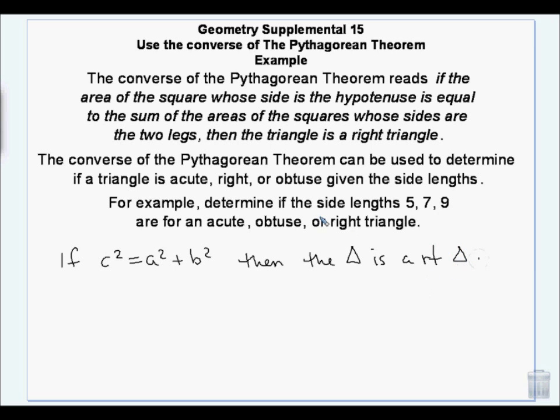Before, we were saying if we had a right triangle, then A squared plus B squared equals C squared. That was the Pythagorean theorem, right? If you have a right triangle, then this equation works. Now we're saying if your sides satisfy this equation, then you have a right triangle. Does that make sense?